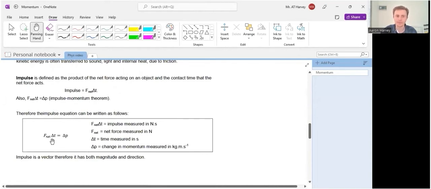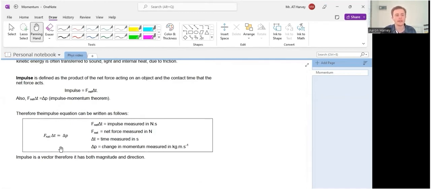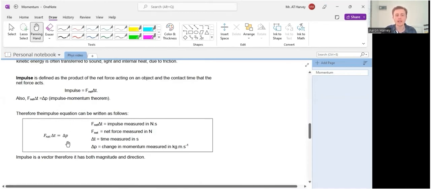So you can rearrange this back to the original formula, or you can use it like this, because in this form, you are then talking about impulse. If you are ever asked to calculate impulse, you can calculate it as the change in momentum, which is also equal to your net force over a change in time.